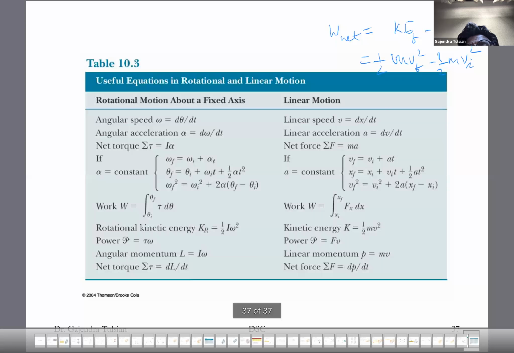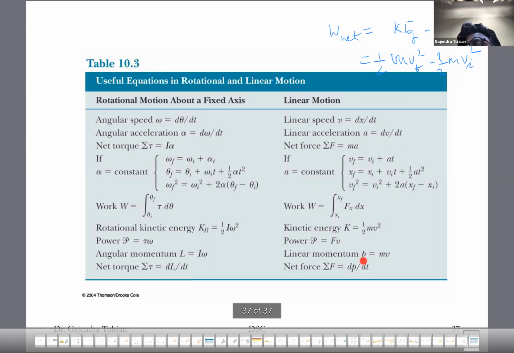Okay. And this slide summarizes everything: every equation that you saw for linear motion, there's the corresponding equation for angular motion. These equations are valid for a constant linear acceleration, and the corresponding equations are valid for alpha constant. This has some formulas that we haven't talked about.